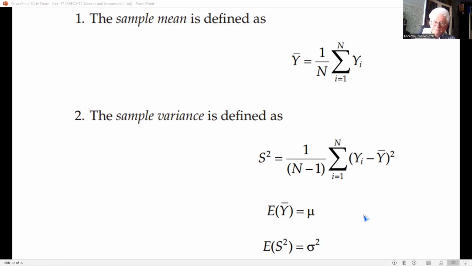Hence, assume that the measurements y sub i are random variables of mean value mu and variance sigma squared. Then it can be shown that the expected values of the two estimates are equal to the mean and variance of the measurement. That is, look at the last two equations.